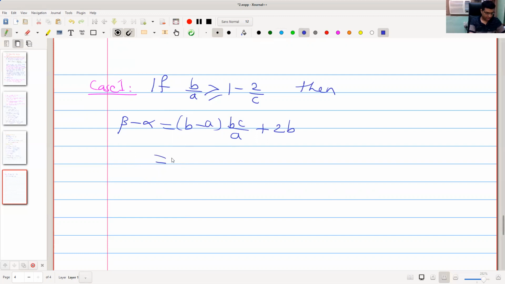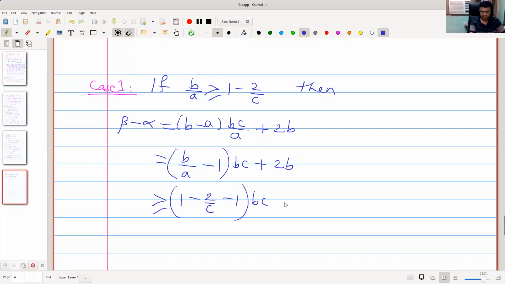This can be written as, we take this a inside so that this is b by a minus 1. Okay, outside that we have bc plus 2b. Okay, and now we have b by a is greater equal 1 minus 2 by c, and this minus 1 as it is.